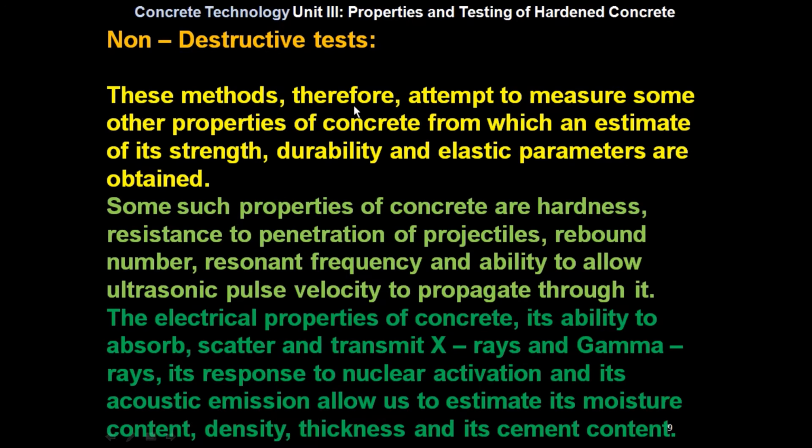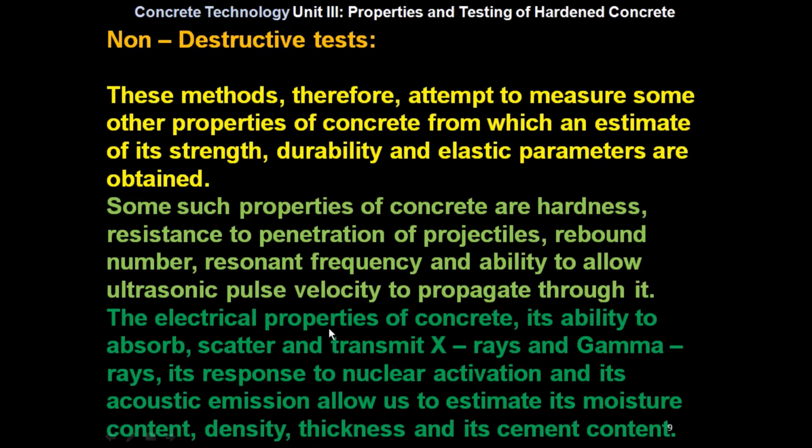These methods therefore attempt to measure some other properties of concrete from which an estimate of its strength, durability and elastic parameters are obtained. Some such properties of concrete are hardness, resistance to penetration of projectiles, rebound number, resonant frequency and ability to allow ultrasonic pulse velocity to propagate through it.